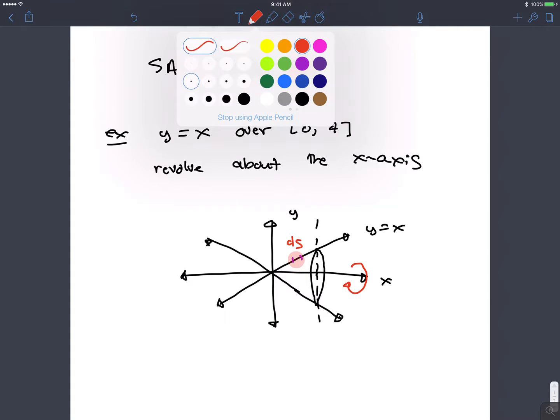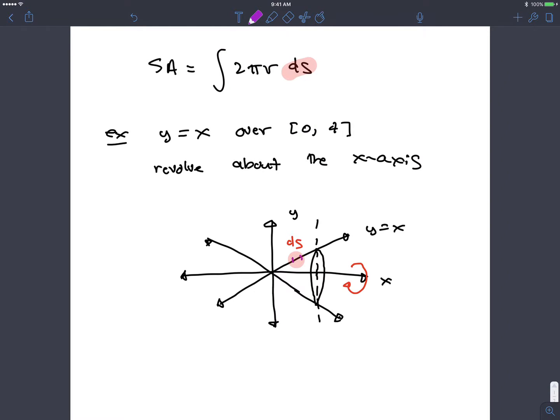And remember, if we rotate, we also need a radius value. This is my radius. What do we know about this radius from last week? If this is a vertical length, what does that mean my radius actually is? What's this r going to be? The y value, is that true? So your radius is a corresponding y value.